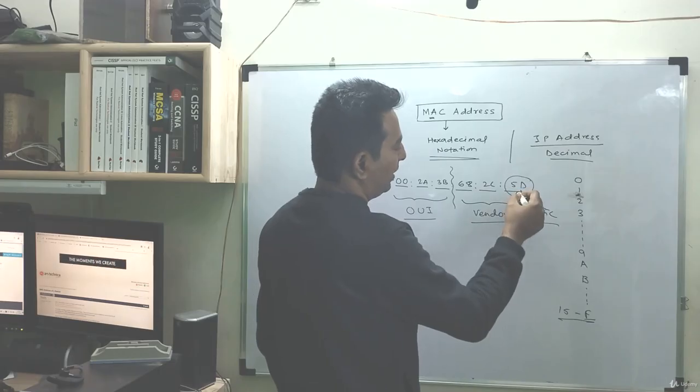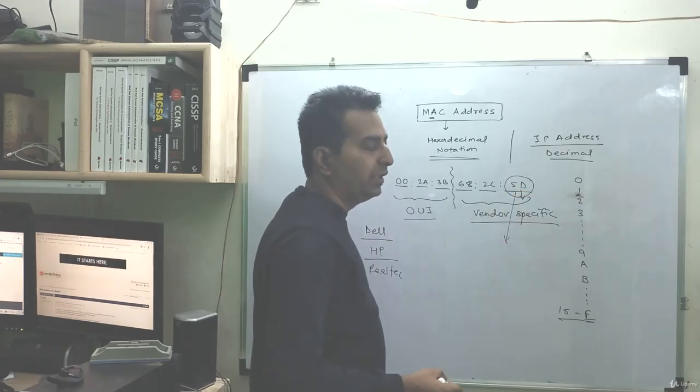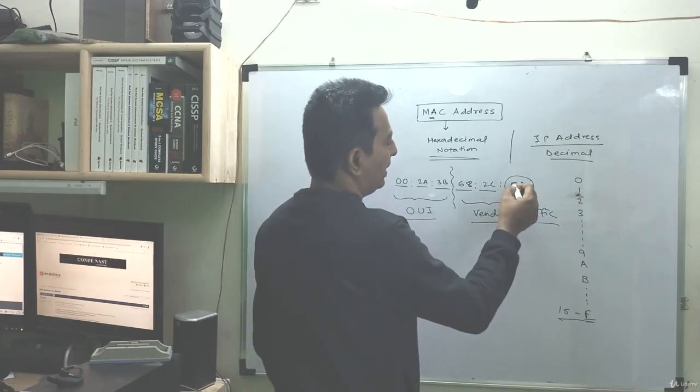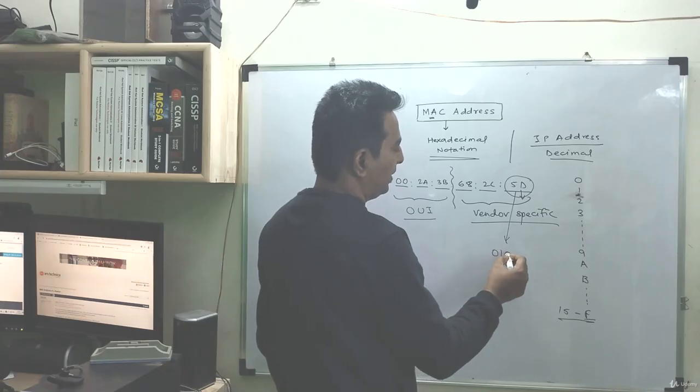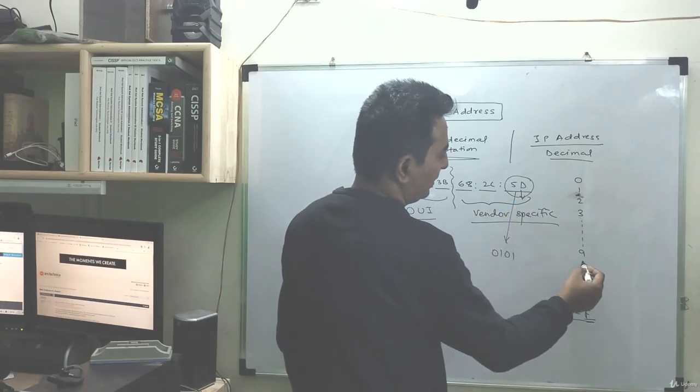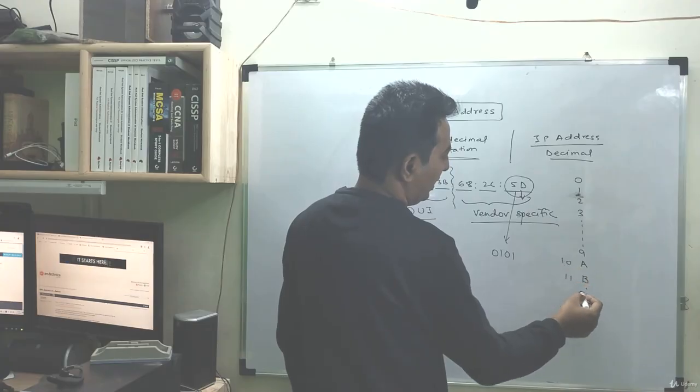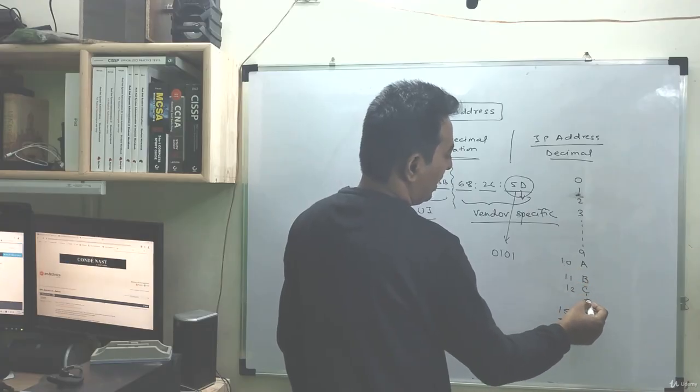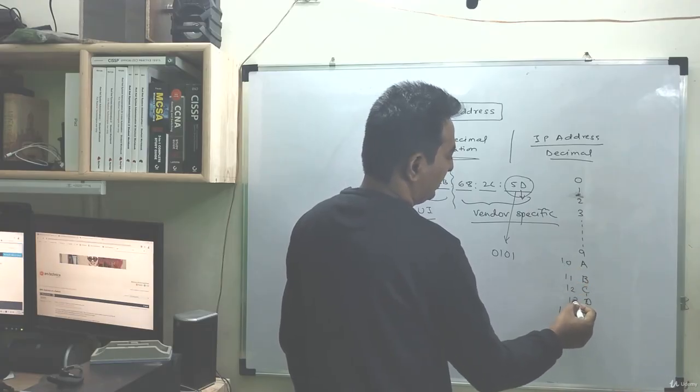If you want to represent this number in binary, the binary equivalent of 5 is 0101, and D is 10, 11, C is 12, and D is 13.